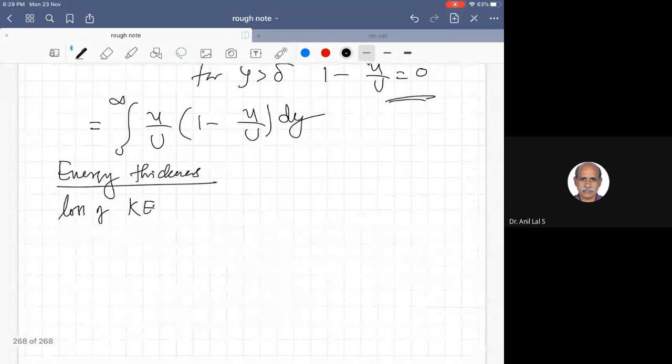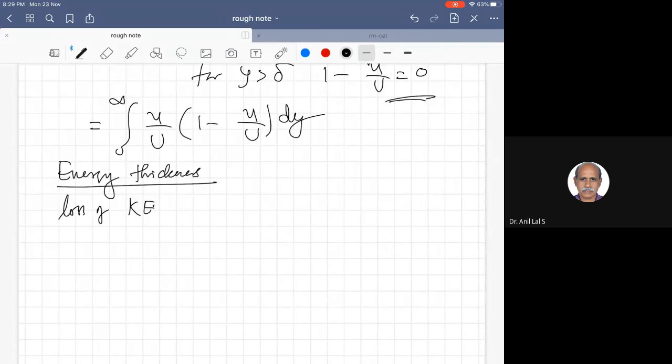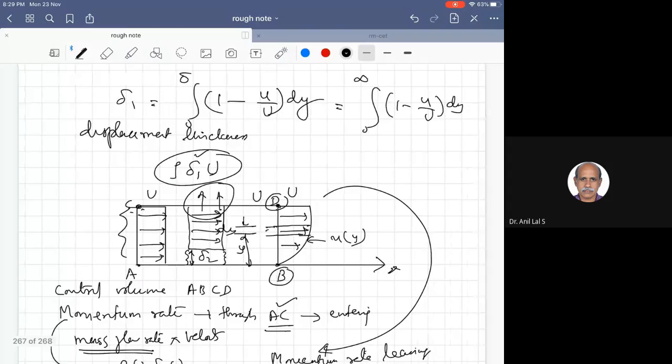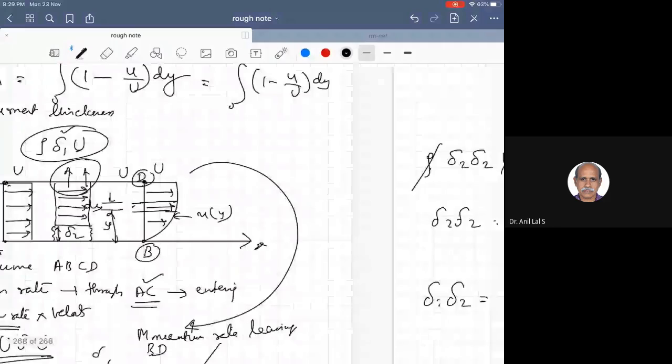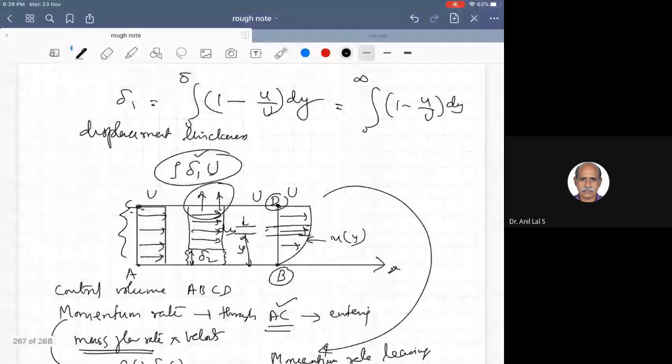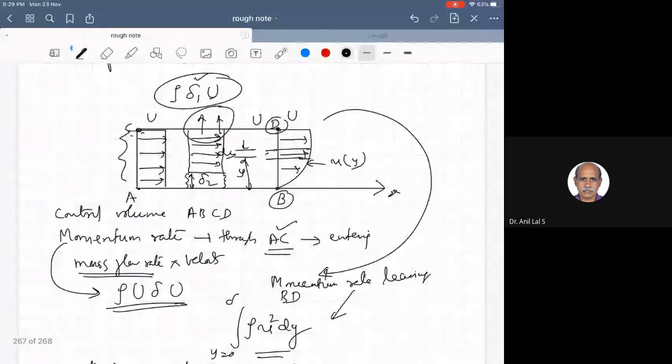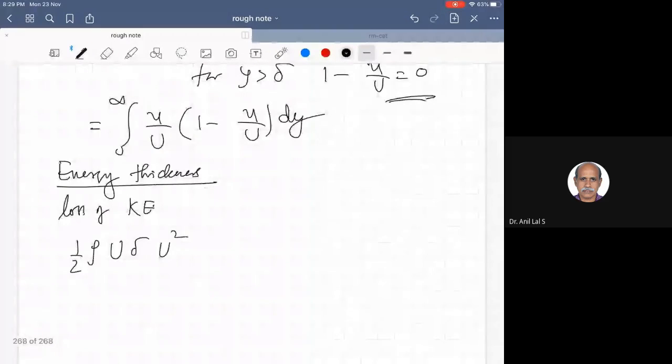Again we write the mass flow rate: we have rho, the velocity U, and the area delta. This is the mass flow rate, and half mass flow rate into velocity U squared is the kinetic energy at the inlet, that is through the section AC. Then what is the kinetic energy leaving BD?